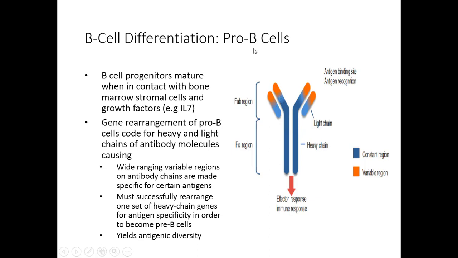So back to the point of the B cell differentiation and its end stage. When the genetic rearrangement of the pro-B has been developed enough that the pro-B is able to code for the production of heavy chains and ultimately light chains of antibody molecules, only when that happens will it move on to the next stage of a pre-B cell.